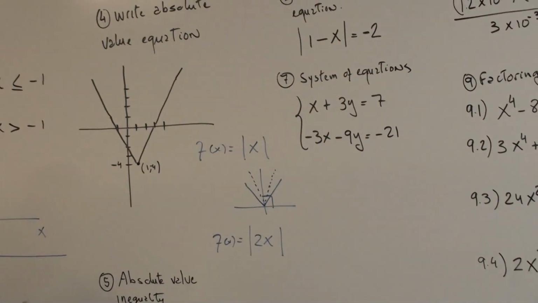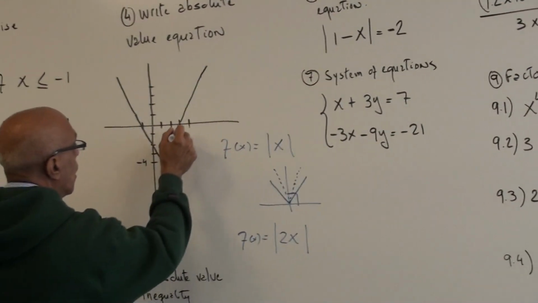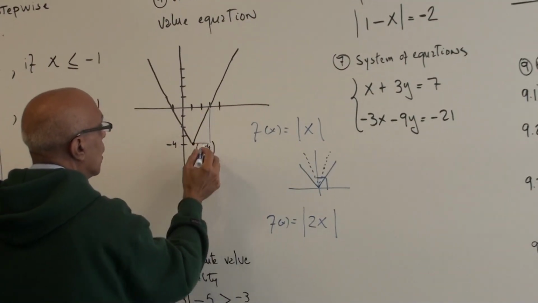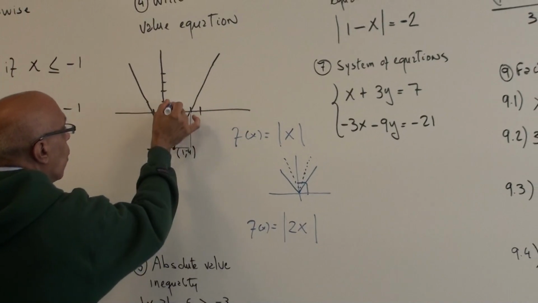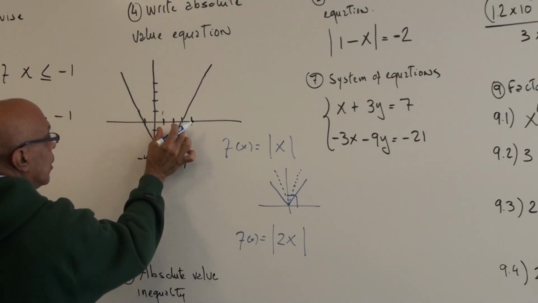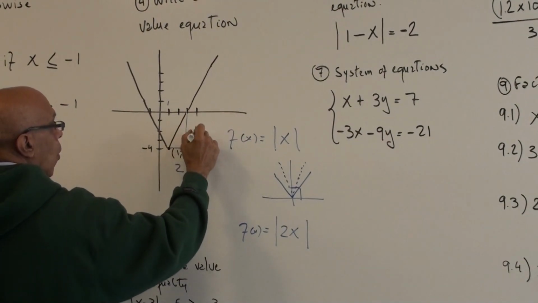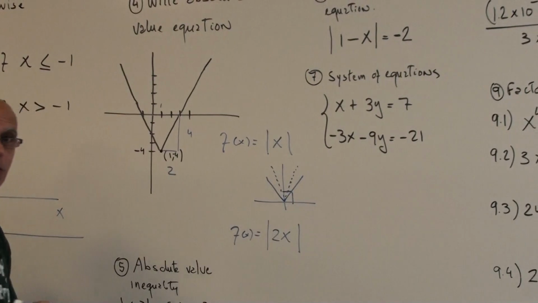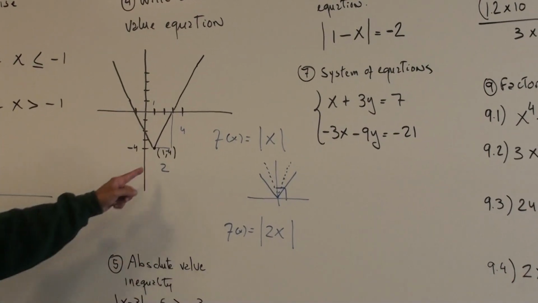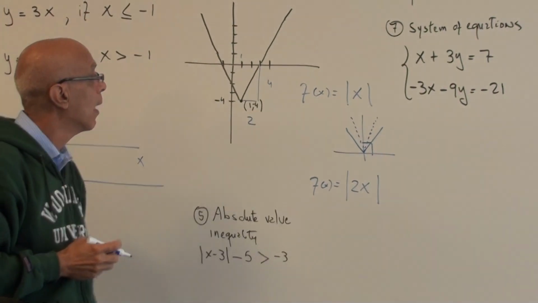This v, if you check the slope, if you go here and here, you're going to see that x here is 1 and x here is 3. So this gap is 2, and this gap is 4, so 4 divided by 2 is 2. So this slope here is 2, so you need to have a 2x, okay?